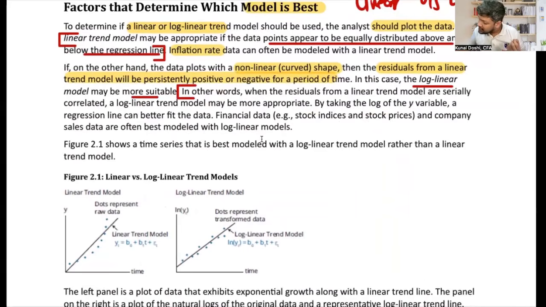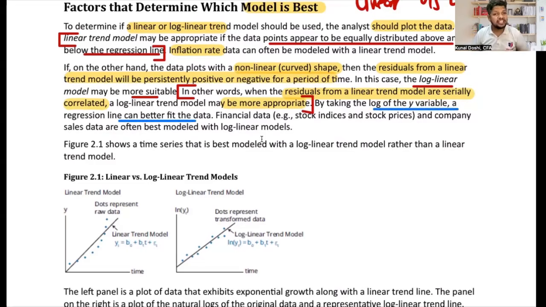In other words, when the residuals from a linear trend model are serially correlated. Remember serial correlation or autocorrelation. That is a violation of the assumption, isn't it? So a log linear trend model may be more appropriate in such a case. Otherwise, you will have autocorrelation or serial correlation. By taking the log of the variable, a regression line can better fit the data.